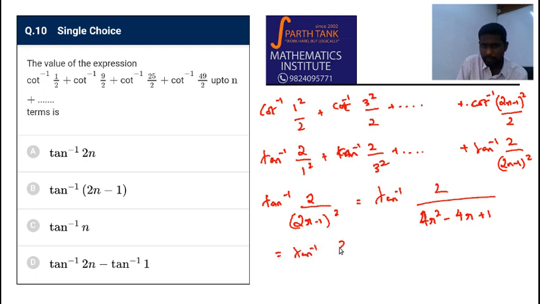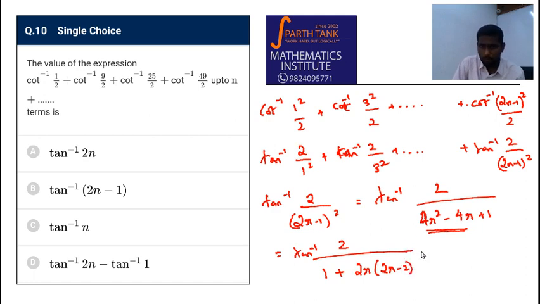Since we have nice identities that involve 1 plus something, I am going to write this as 1 plus, take 2r from these two terms, I get 2r into (2r minus 2). What is the advantage? The numerator can be written as 2r minus (2r minus 2). Correct? 2r minus 2r minus 2 is 2. And the denominator is 1 plus 2r into (2r minus 2).